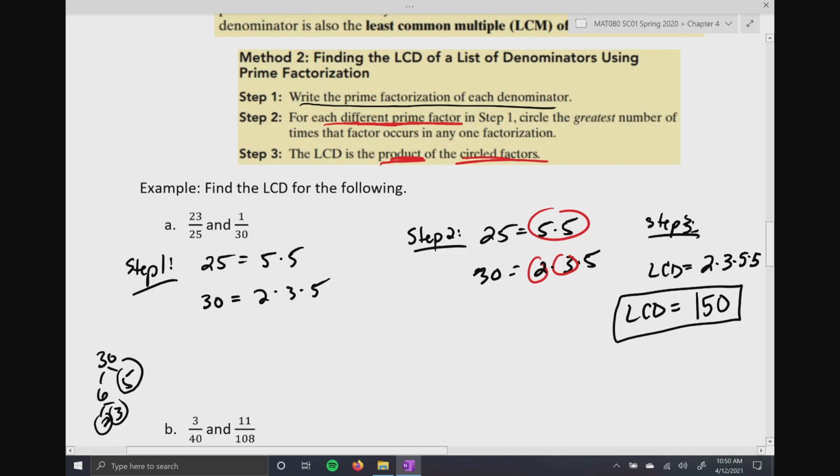So that's what my LCD is here. Okay? So all we're doing is learning how to build an LCD. Are there any questions with how I did that? I just followed the steps.